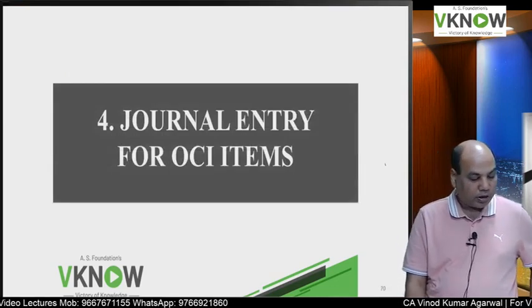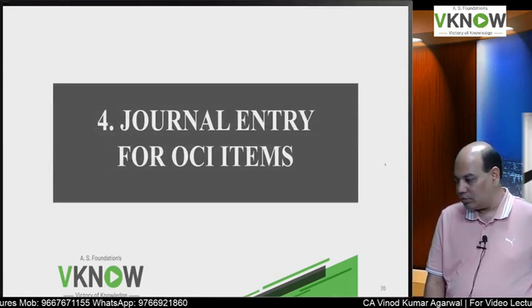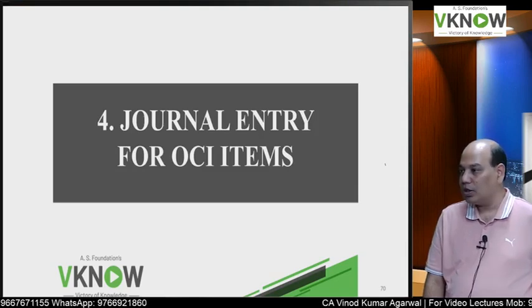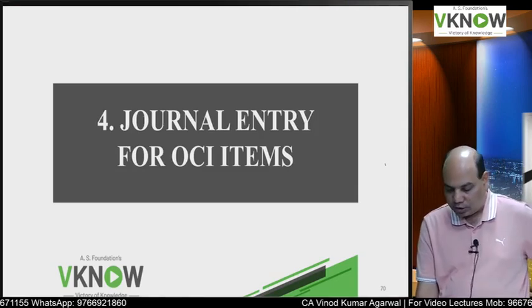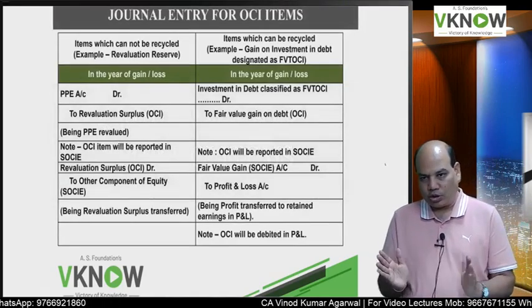Now one more paragraph I have added from my side, not in the study material: journal entries for OCI items. You will see I have divided it into 2 columns.